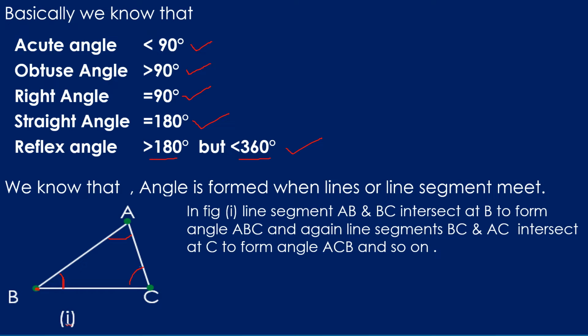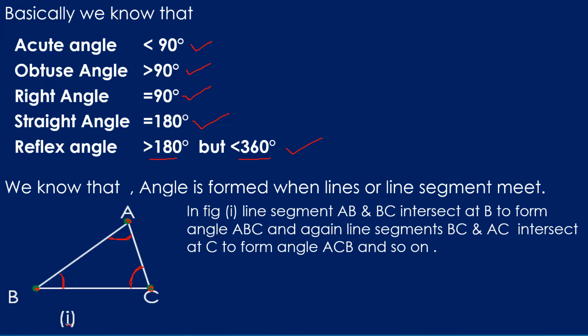So angle 1 is obtained. Similarly, the two line segments BA and AC, they intersect at the point A and angle BAC is obtained. Similarly, the two line segments BC and AC, they intersect at the point C and angle ACB is obtained.